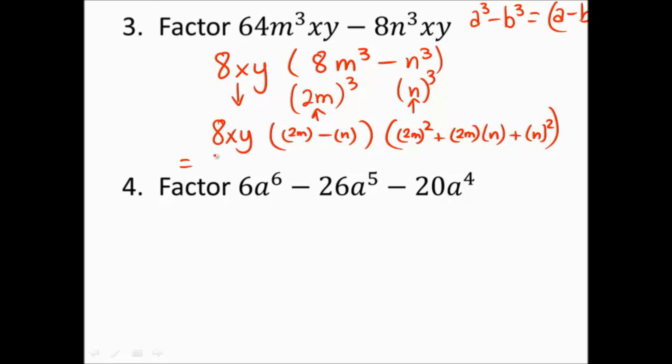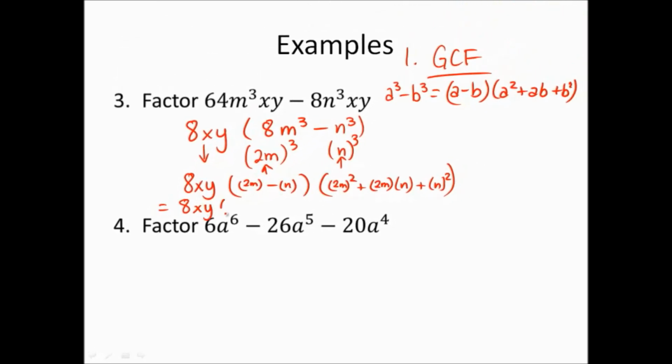Now we can simplify that. GCF, don't forget it. 2m minus n times 2m all squared, giving you 4m squared plus 2mn plus n squared.